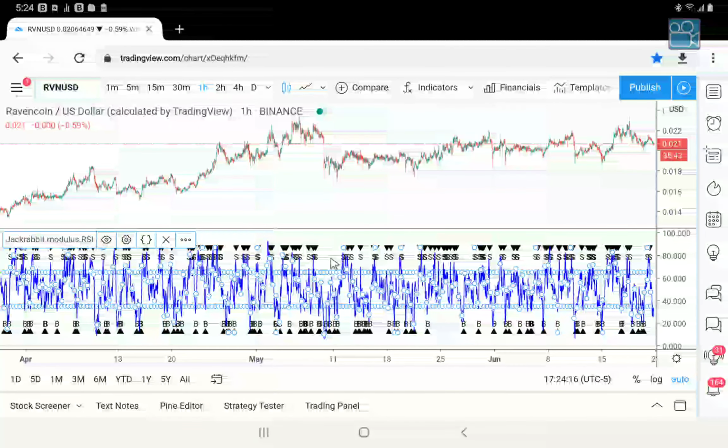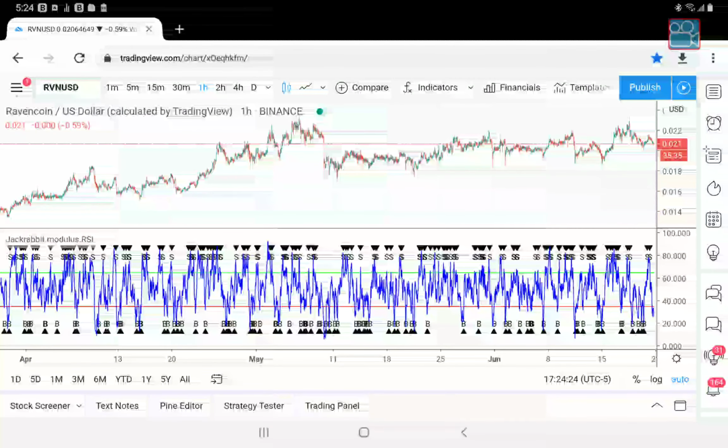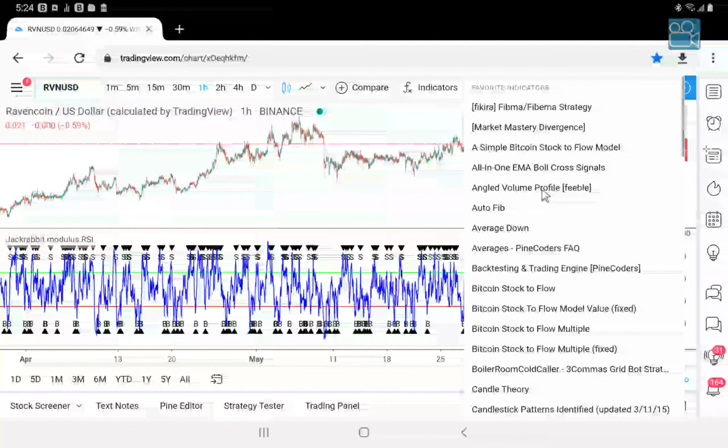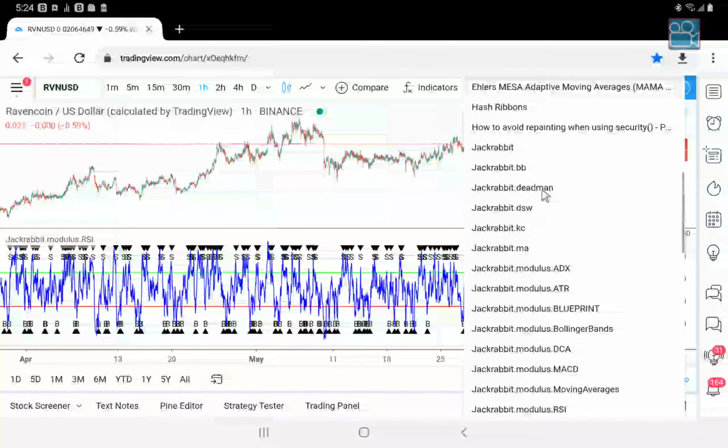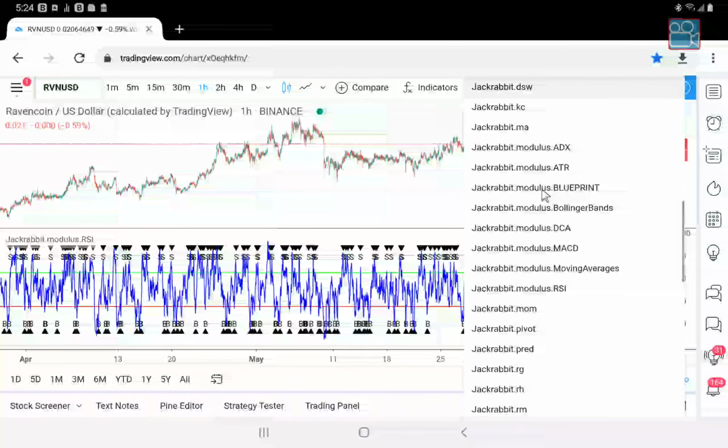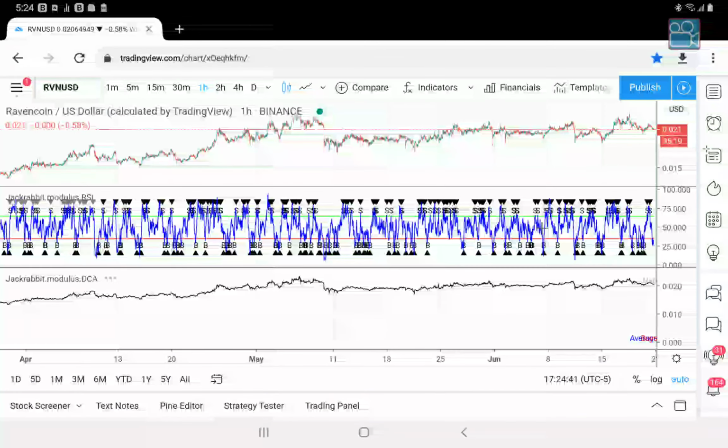RSI is not good to trade on by itself, especially the default conditions. But this is going to be the driving force to the Jackrabbit modulus dollar cost averaging.